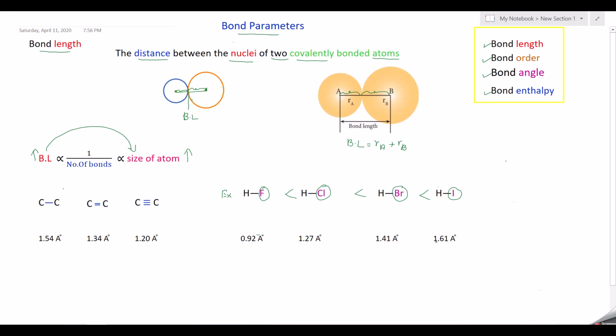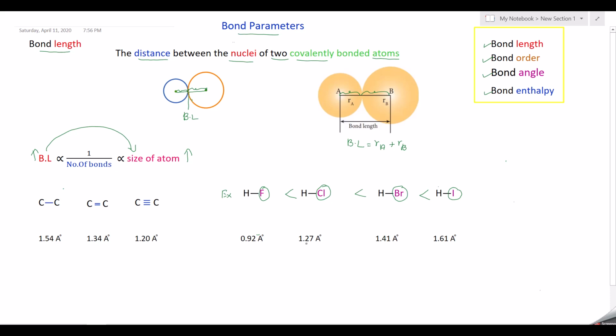So we can see here 1.61 angstrom for hydrogen iodide, because the iodine size is very large. As the size increases, the distance between the two nuclei will be more, that will be large. Therefore the bond length increases. Therefore hydrogen iodide has 1.61 angstrom. Then comes hydrogen bromide, that is 1.41.